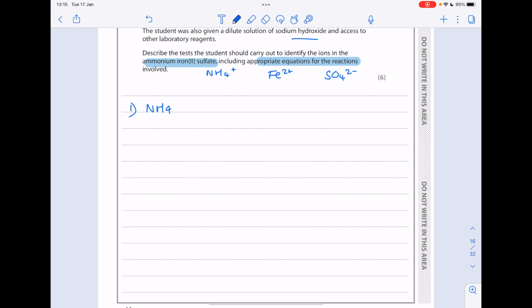Let's test for the ammonium ions first of all. Remember, you want to add sodium hydroxide, which handily they've already mentioned in the method. You get a choking gas produced, which should be ammonia.